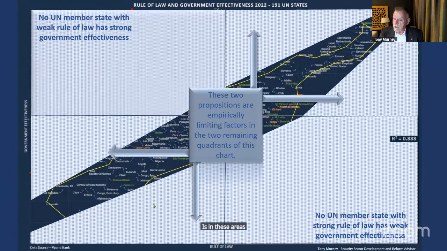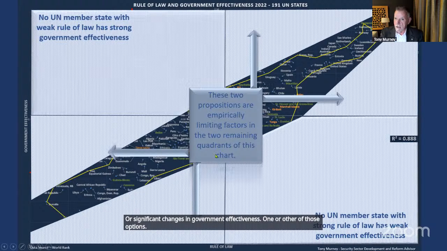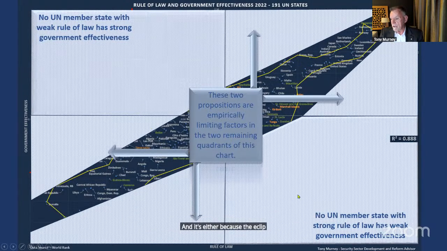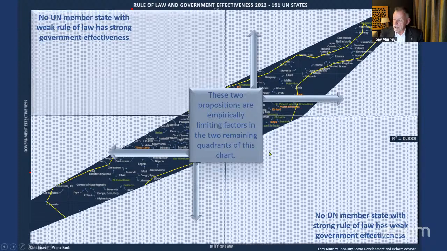So without achieving significant changes in rule of law or significant changes in government effectiveness, one or other of those options, they're mutually dependent on one another. And it's either because they're flip sides of the same coin, or it's possibly because they reinforce one another.